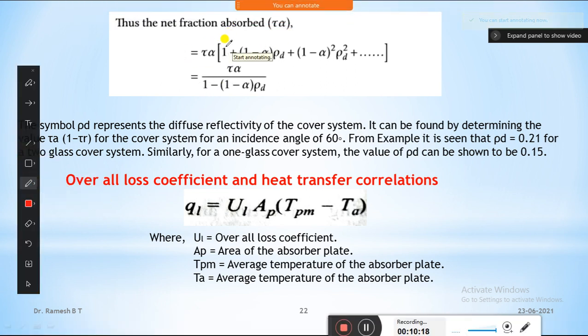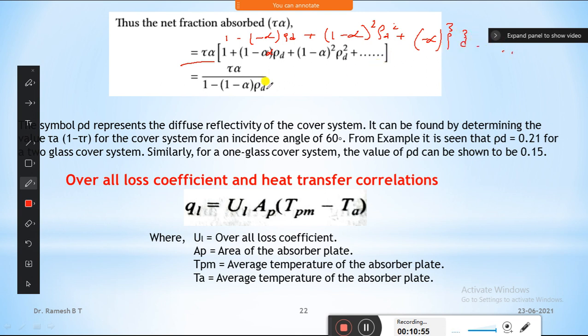Okay, so we can take this tau alpha as a common value, and for the first term we can take 1, next (1 minus alpha) rho d, then plus (1 minus alpha) whole square rho d whole square, then (1 minus alpha) whole cube rho d whole cube, like this it goes on.